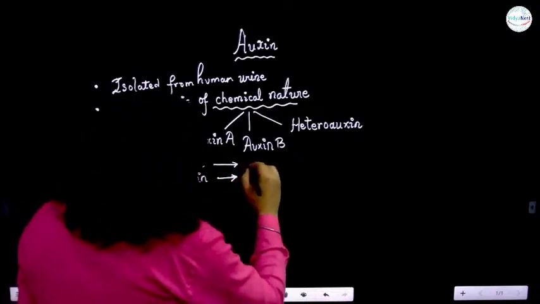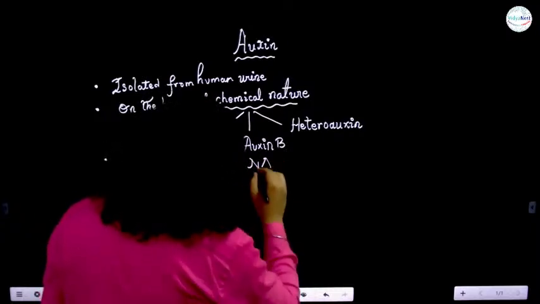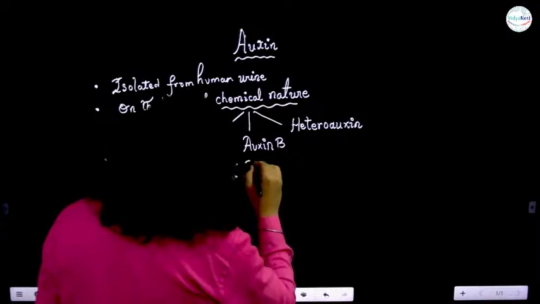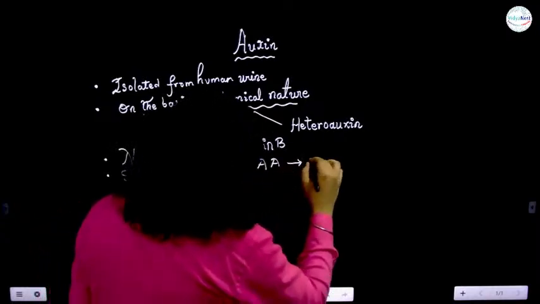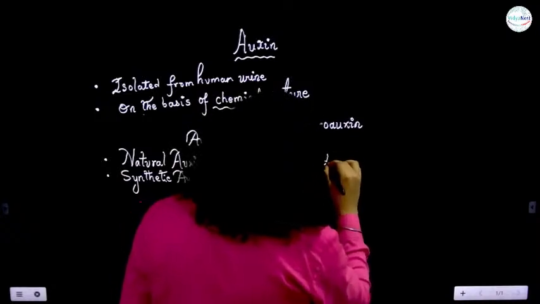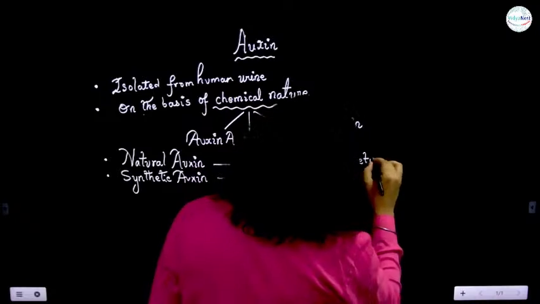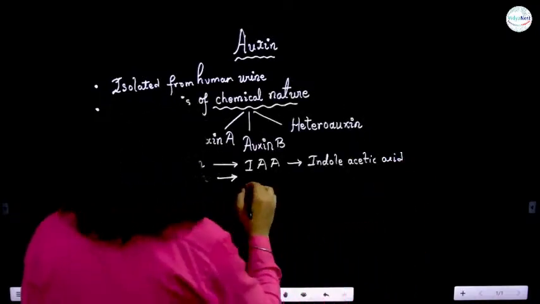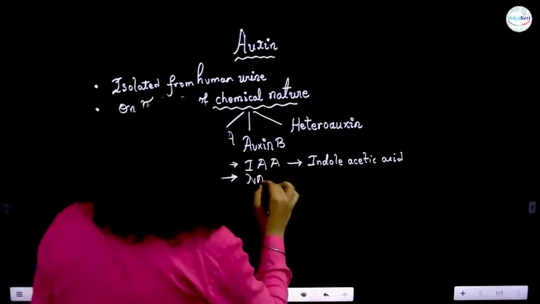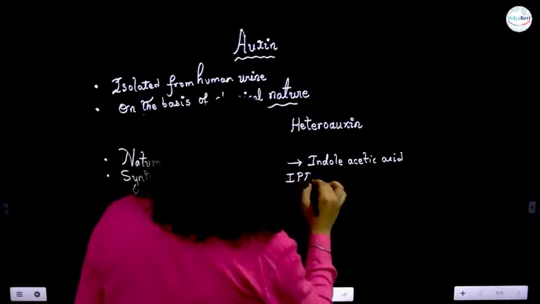Now, for natural auxin, this one will be indole acetic acid, IAA. Then naphthalene acetic acid, NAA. Then indole propionic acid, IPA.